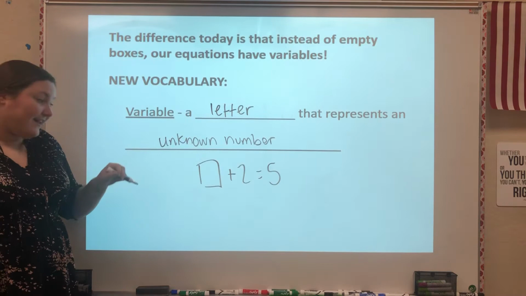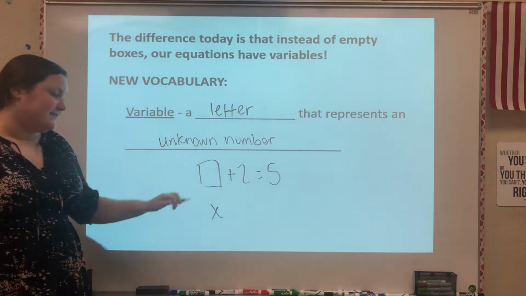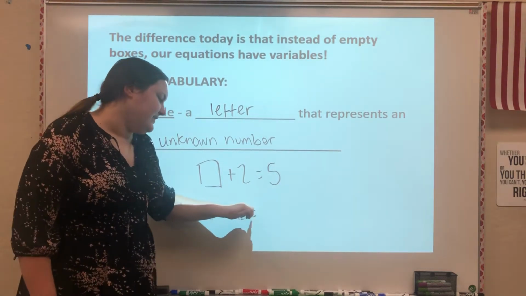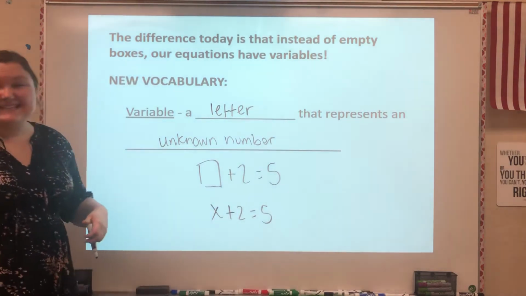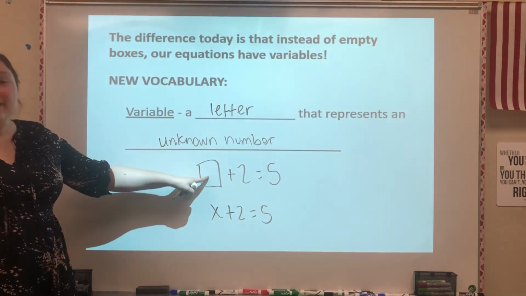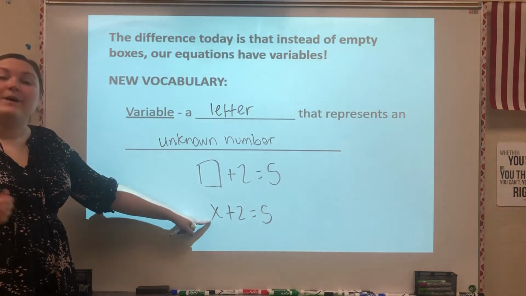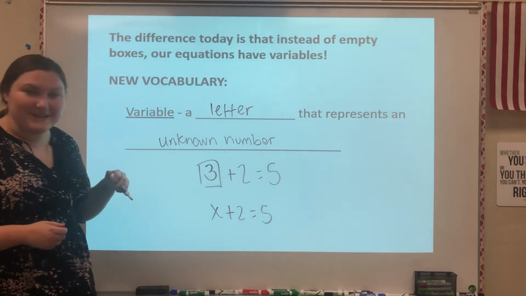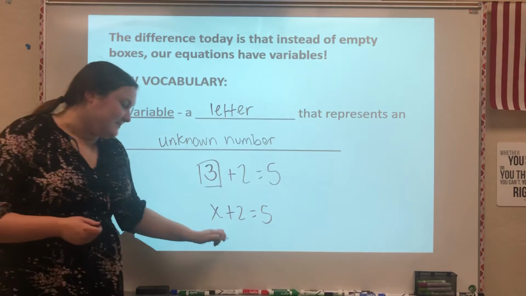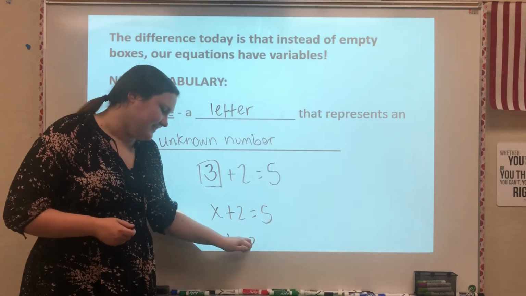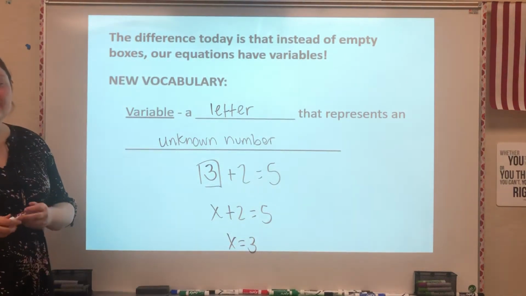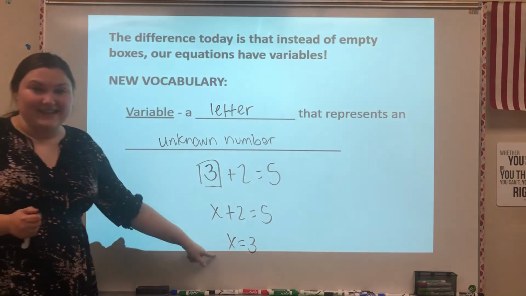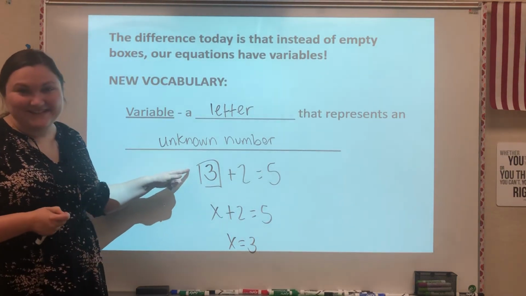I could use a letter like x and say x plus 2 equals 5. The idea is the same. Instead of saying what number goes in the box, I would say what number is x. And instead of answering by putting 3 in the box, you would answer this by saying x equals 3. So what we're doing today is going to look like this, not this.